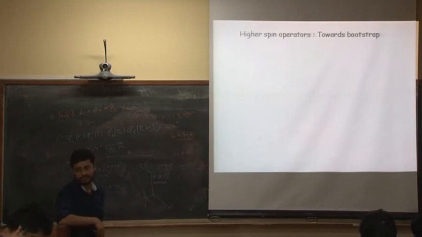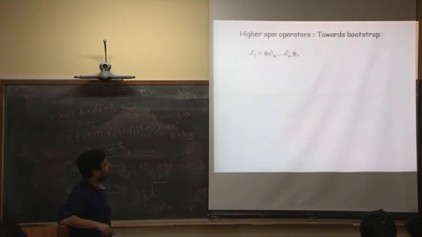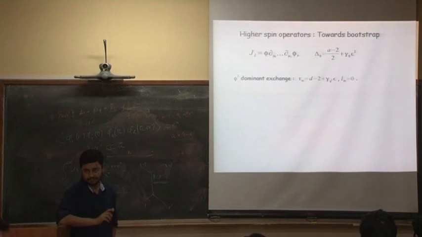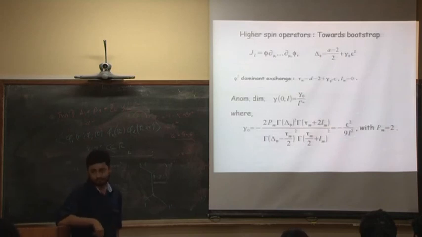For example, if I consider the n equal to 0, the zero twist and high spin operator, and consider that delta phi has some anomalous dimension, and on top of that consider that phi squared has a dominant exchange, then we see, from either our results for n equal to 0 or the results from Kaplan, that it agrees with the larger part of what Wilson and Kogut had for these higher spin operators.